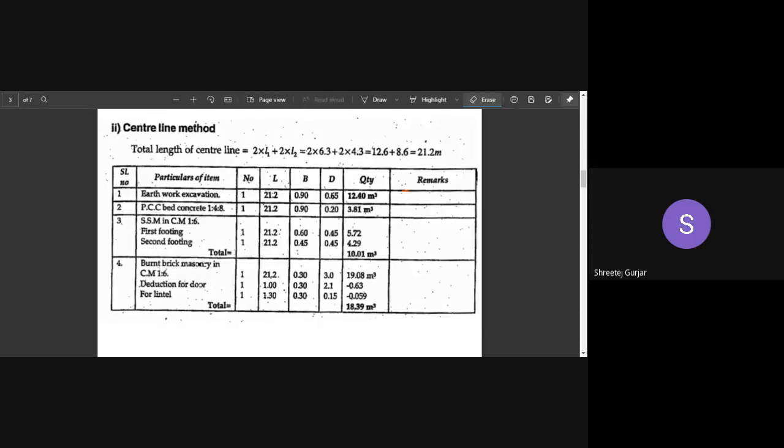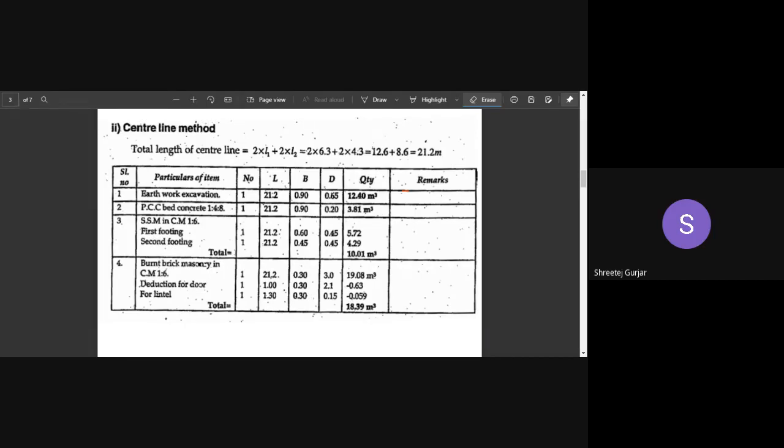Okay, so with this we are over with your first example, that is calculation of your quantities using both your centerline method as well as our long wall and short wall method. So this is how you have to calculate your quantities. This is the first stage of your detailed estimate.